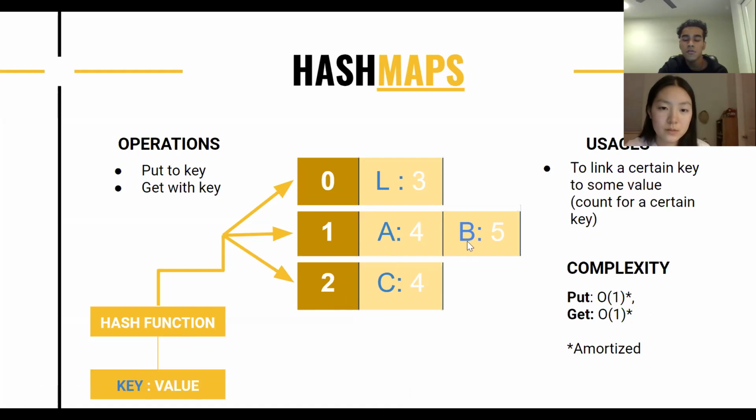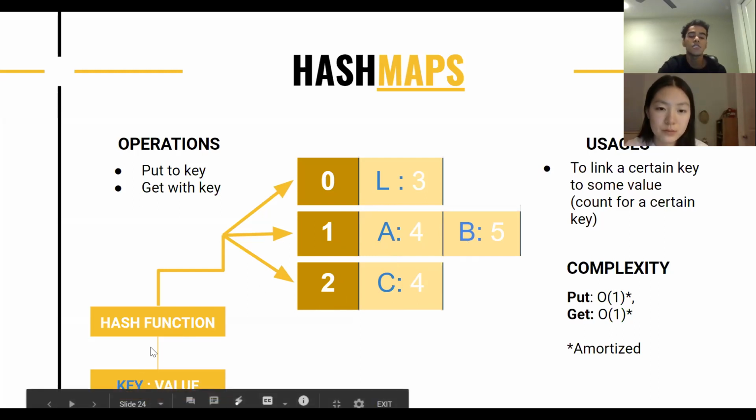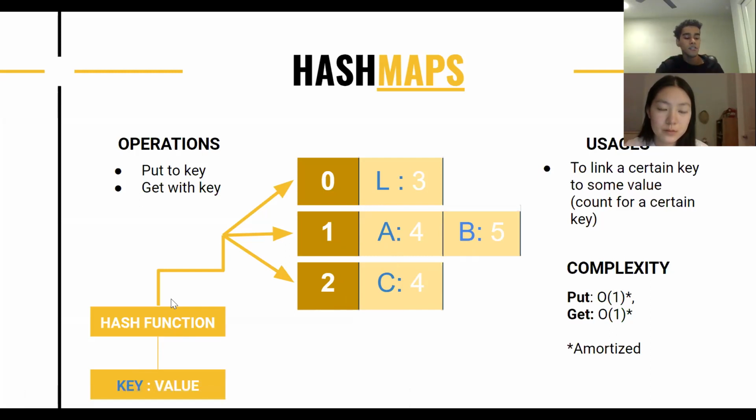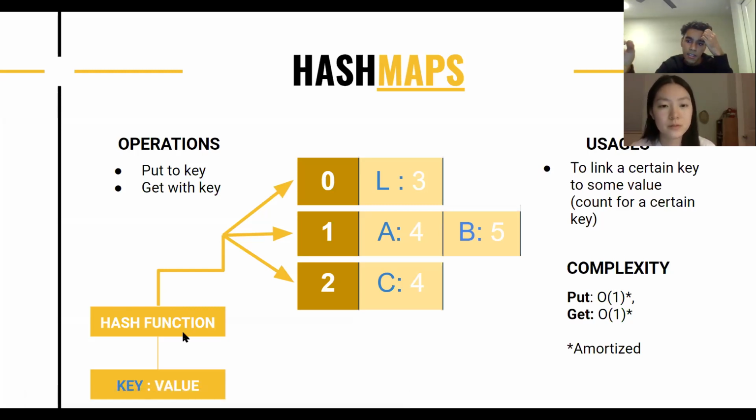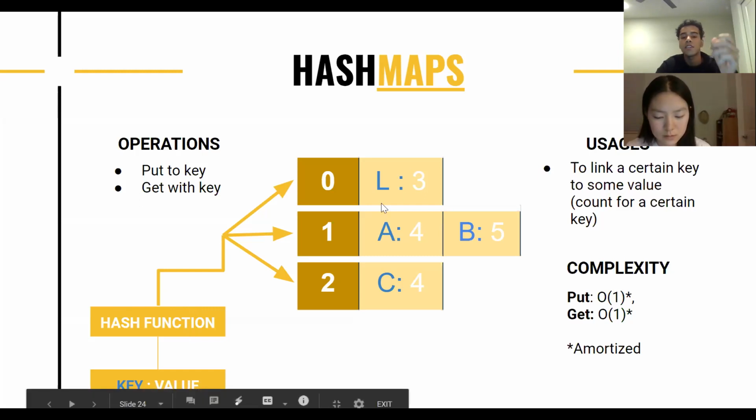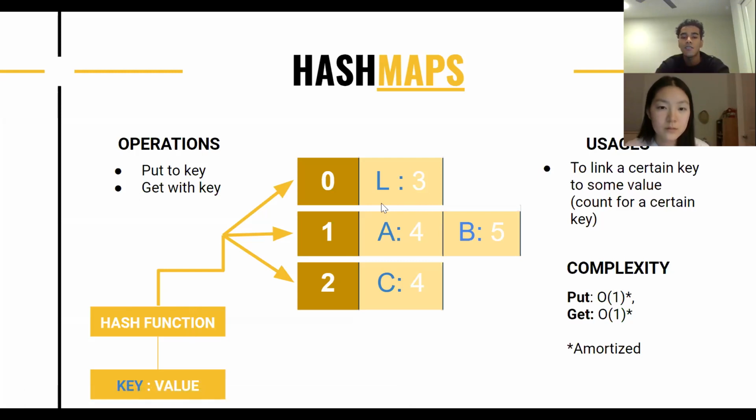Now, you might see that there are 2 in the same cell, and why we have this is because sometimes hash functions can assign different keys to the same index inside of the hash table. And the reason this happens is because hash functions can often not be as sparse as you want them to be. We would usually have a table that is a lot larger and a hash function that is optimized to make sure these collisions don't happen.